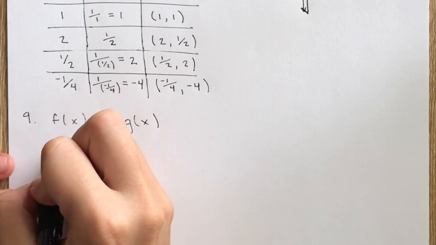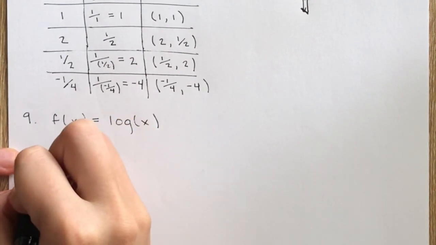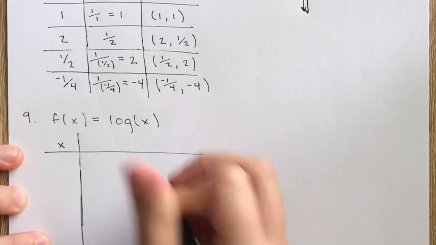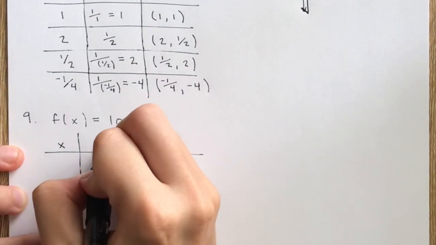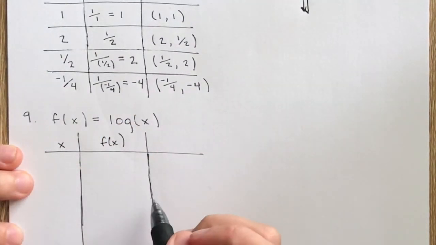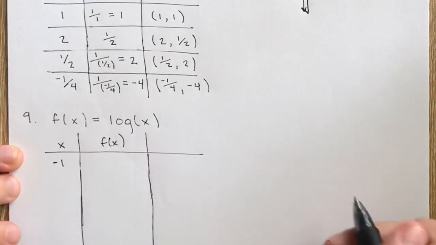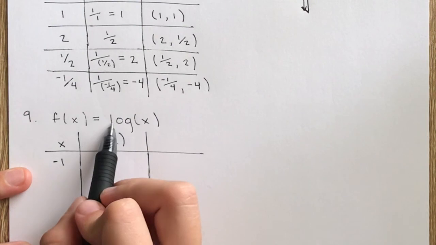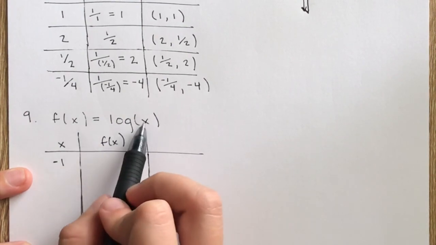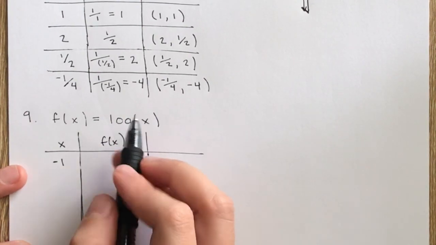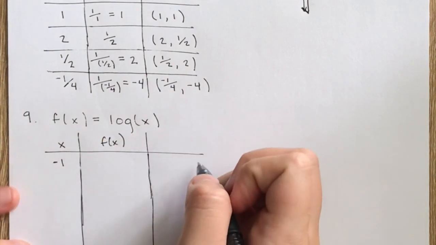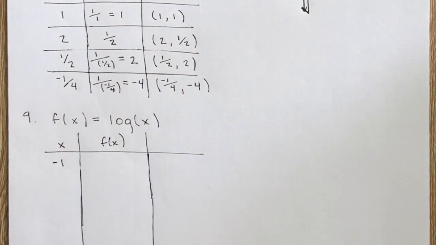Make our table. I'm going to start with actually -1 here, and you'll see why in just a second. So I want to find log of x here. So that means I'm looking for log of -1. So that's something that I need to plug into my calculator.